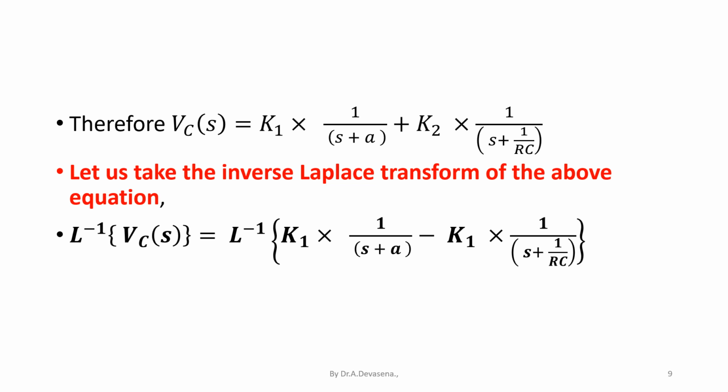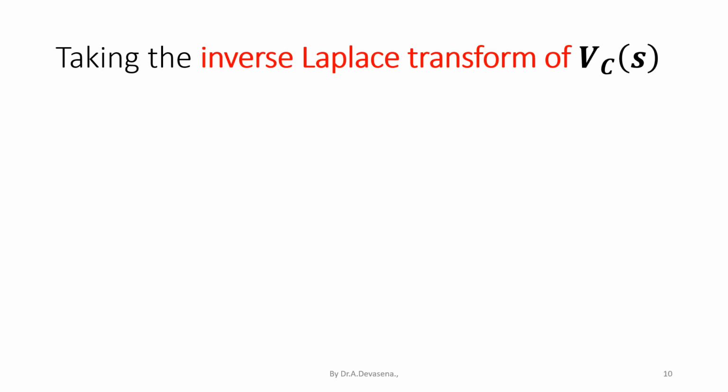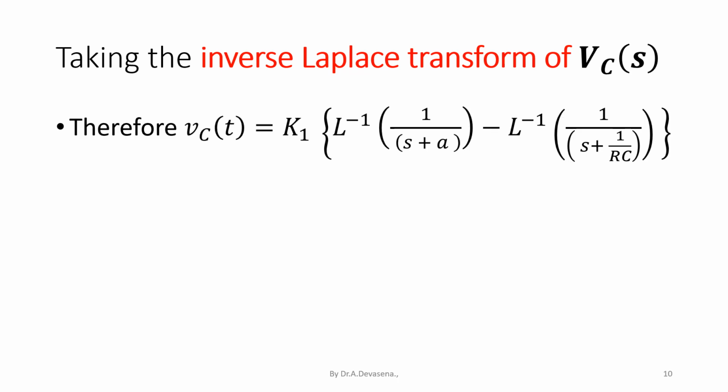Here we have substituted the value of K2 is equal to minus K1 and taken the inverse Laplace transform of V suffix C of S. Therefore V suffix C of t is equal to K1 into Laplace inverse of 1 divided by S plus A minus Laplace inverse of 1 divided by S plus 1 by RC. That is, V suffix C of t is equal to K1 into, open bracket, e power minus at minus e power minus t by RC.